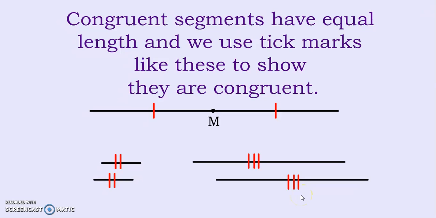If necessary, we could go up to 4, 5. It just depends on what's going on in the diagram. We just have to make sure we're changing the number of tick marks as needed. So if we have different pairs of congruent segments, we don't want to just put one mark on all of them unless they really are all the same. So we should be writing this down on how we mark congruent segments.